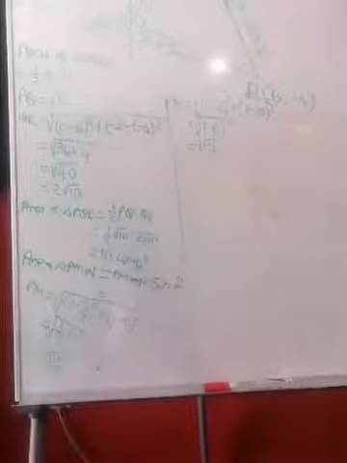So it's going to give us 1 minus 2 squared is 1, plus 1 minus 0 squared is also 1. So we have the length of PN as the square root of 2 units.